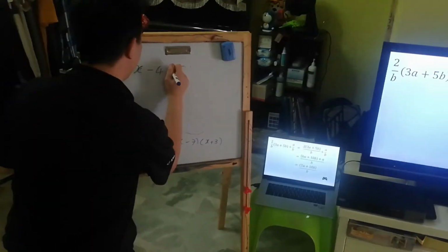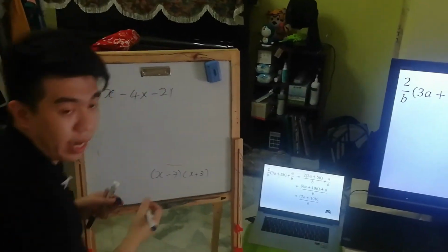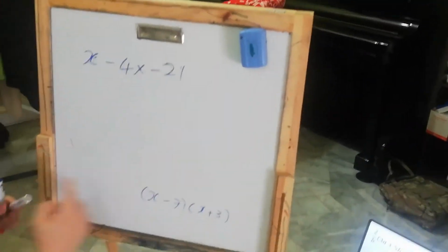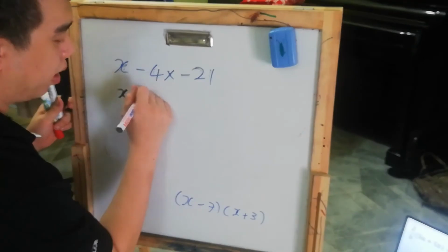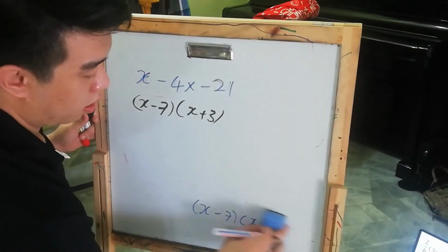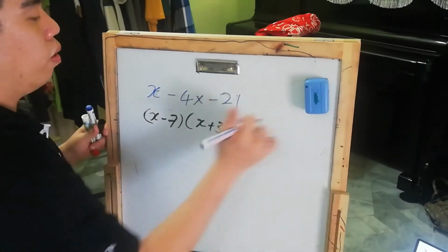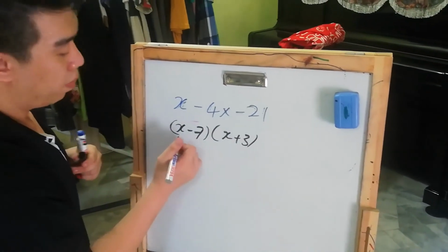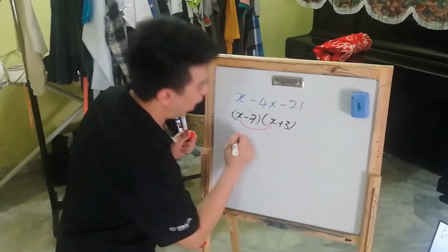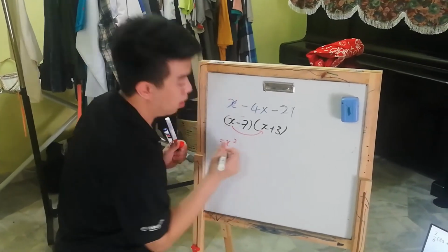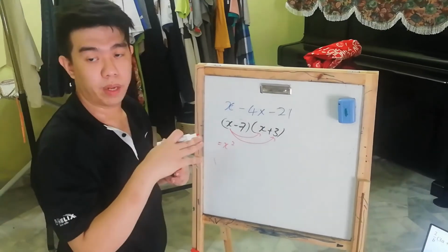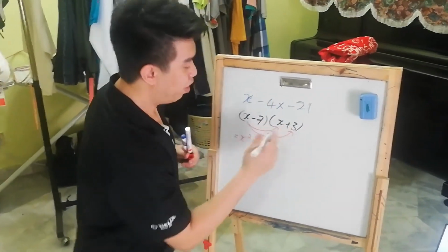x squared minus 4x minus 21. To check the answer, we can type inside as well. Here, x minus 7, x plus 3. So we just multiply the brackets together. x times x, you get x squared. x times 3 is an expansion you learned in the previous subtopic. x times 3, you get plus 3x.